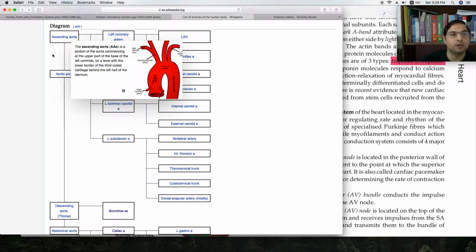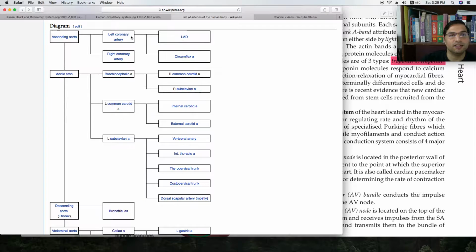So ascending aorta gives its branches as left coronary artery and right coronary artery. Left coronary artery again gives two branches, left anterior descending branch and left circumflex artery. We will study about this later. Whereas the right coronary artery does not give any branches, right?